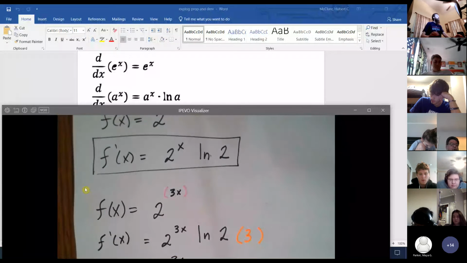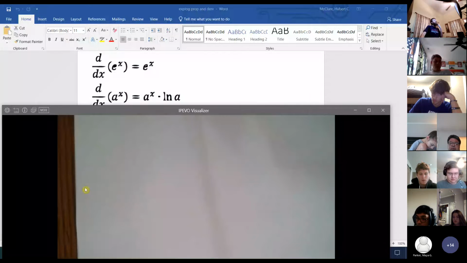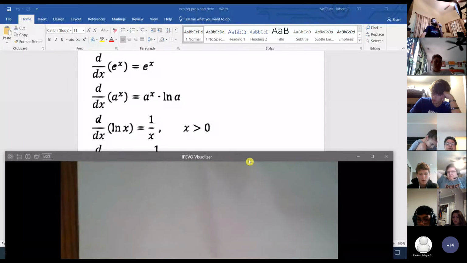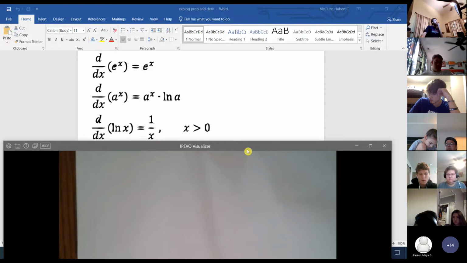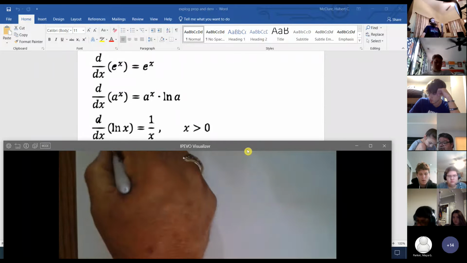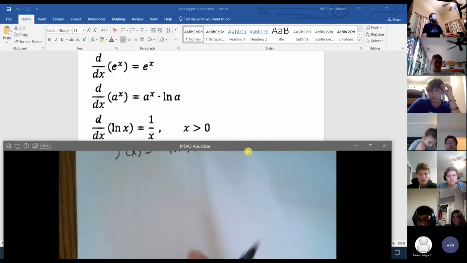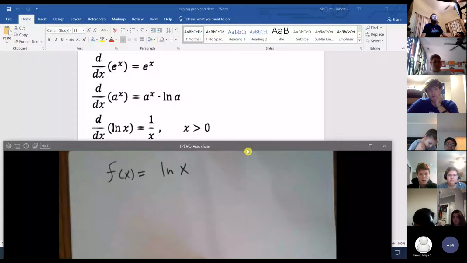That's how you do an exponent. Now, of course, you're going to see more of these. I'm just kind of giving you a little introduction. And here is the third one, natural log of x. F of x is equal to the natural log of x, or you could say the log, it doesn't matter.